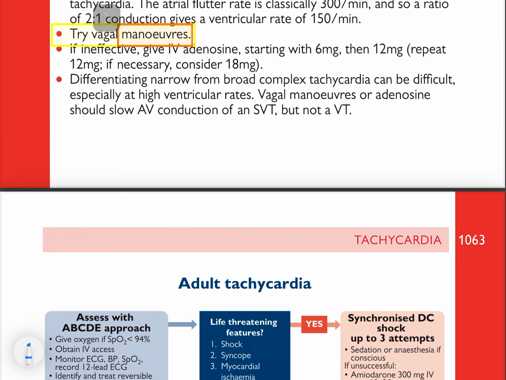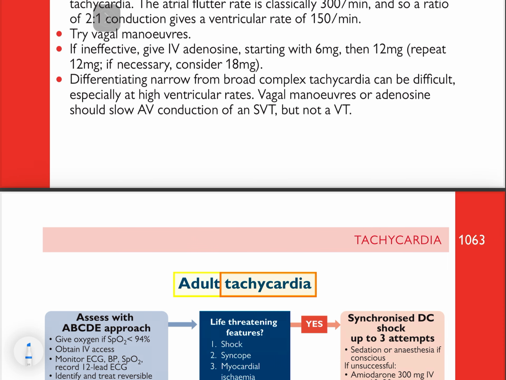Try vagal maneuvers. If ineffective, give IV adenosine, starting with 6 mg, then 12 mg, repeat 12 mg if necessary. Consider 18 mg. Differentiating narrow from broad complex tachycardia can be difficult, especially at high ventricular rates. Vagal maneuvers or adenosine should slow AV conduction of an SVT, but not a VT.